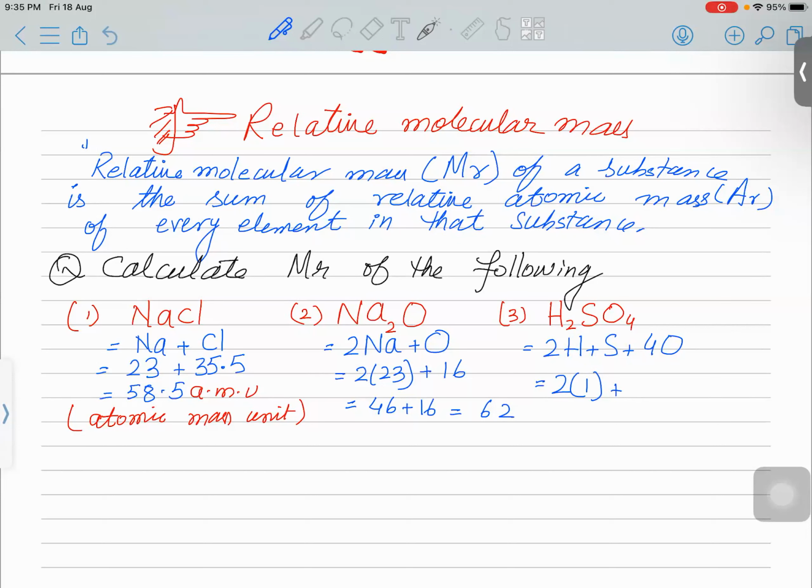It's 1. And AR of sulfur? 32. Oxygen is 16, right? So 2 times 1 is 2, 2 plus 32 plus 64. So I think it would be 98.